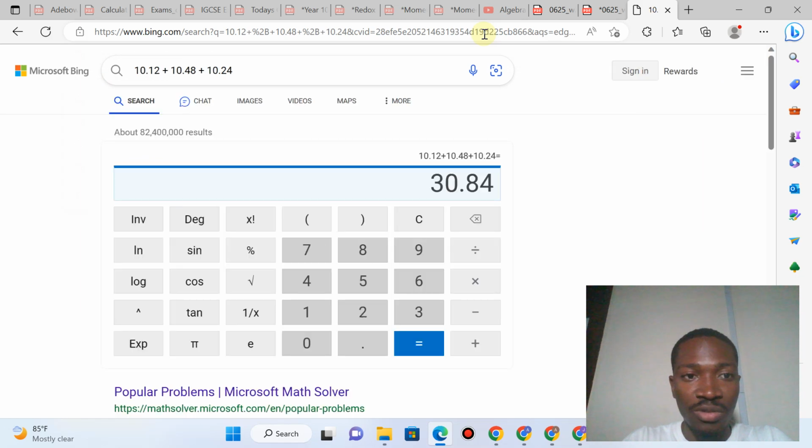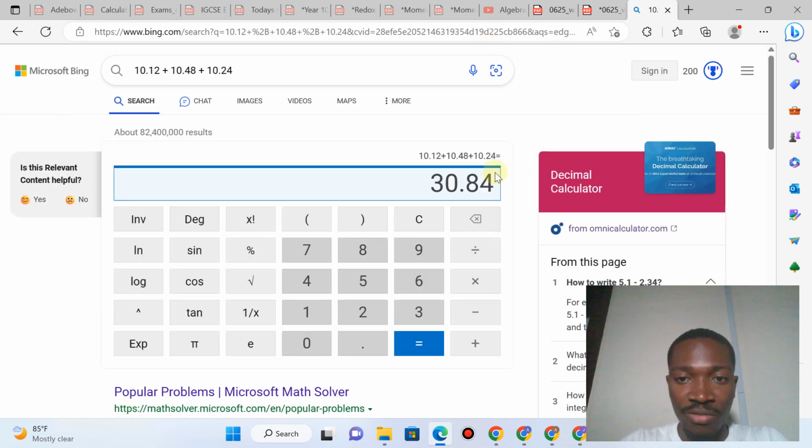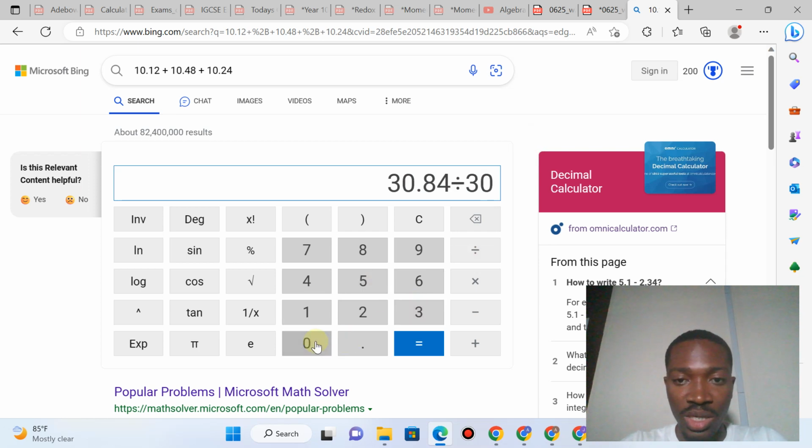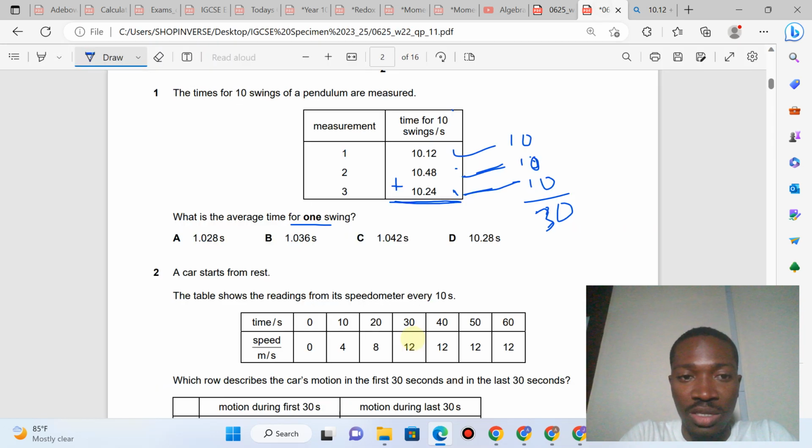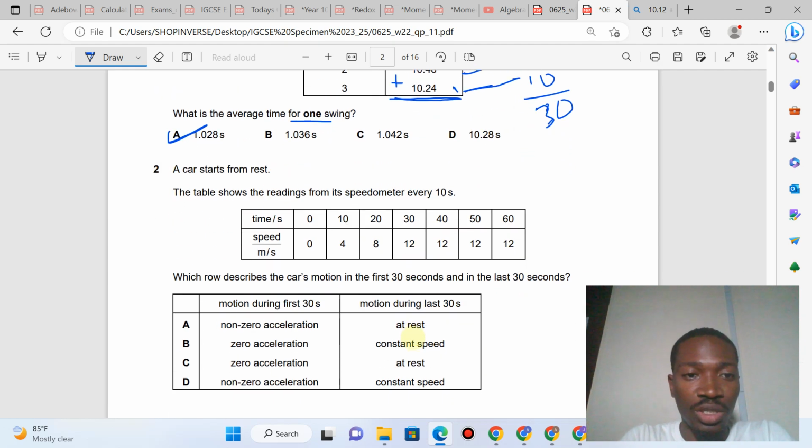All of this gives you 30.34. Now this 30.34, we are going to divide by 30 because there are a total of 30 swings. And this gives us 1.028. And this is option A. So you shade A.